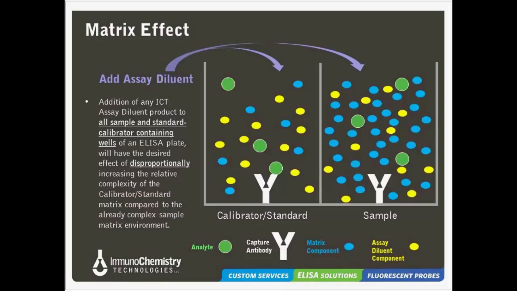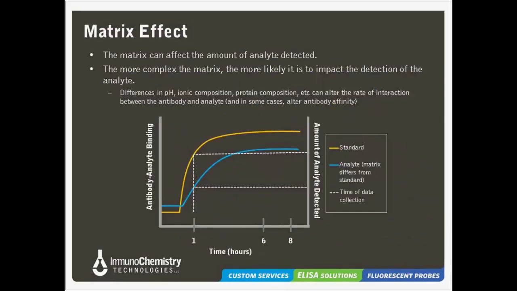Now, the issue goes beyond there. To show this graphically, if you had enough time in the day, your complicated matrix samples would eventually approximately catch up to where your non-complex samples, like your calibrator diluent samples, were.